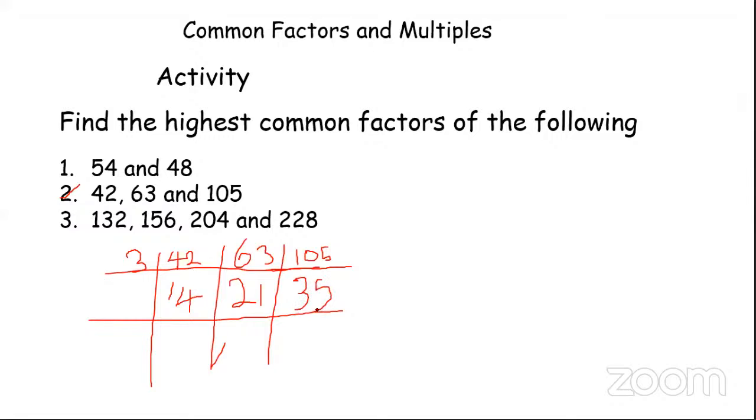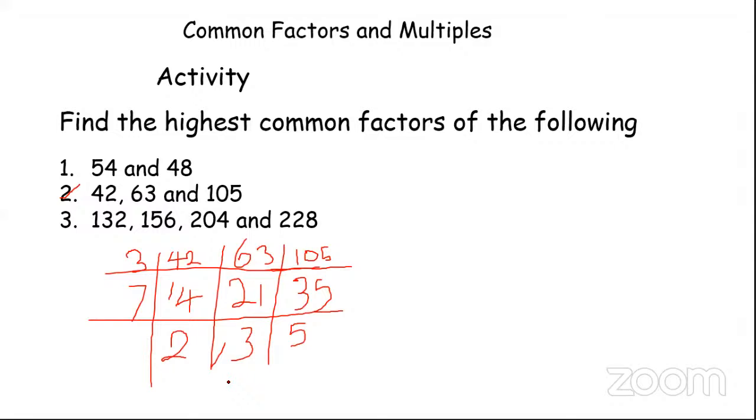So do we still have any other number that can divide them? 7. Yes, 7. So 14 divided by 7 is 2. 21 divided by 7 is 3. 35 divided by 7 is 5.